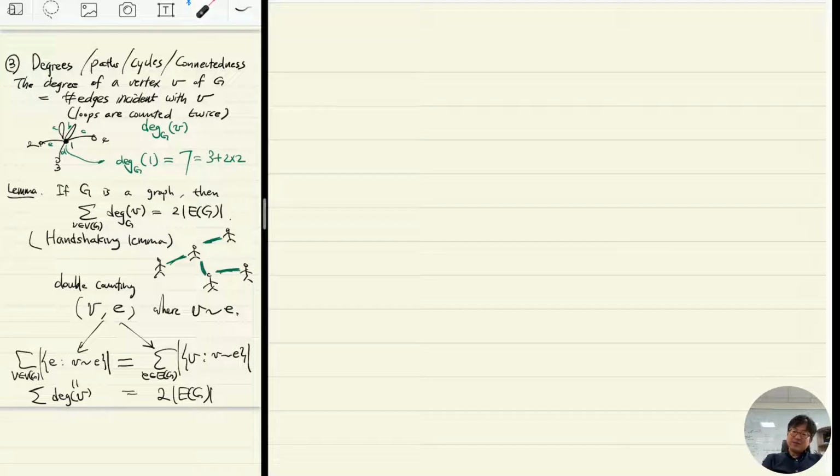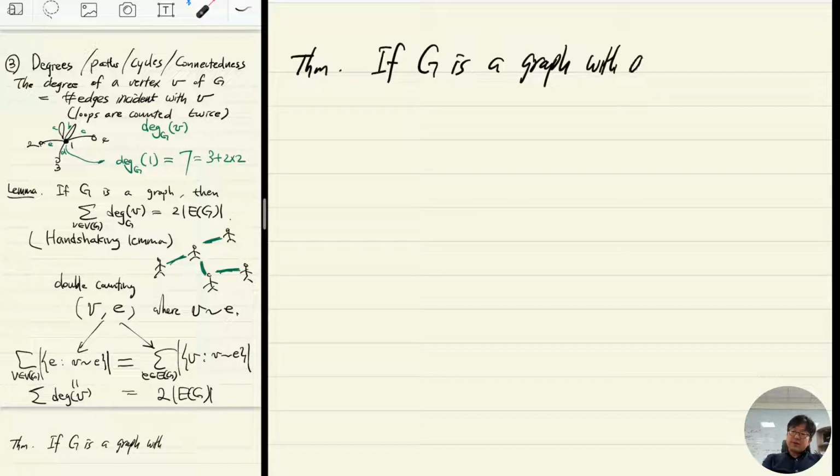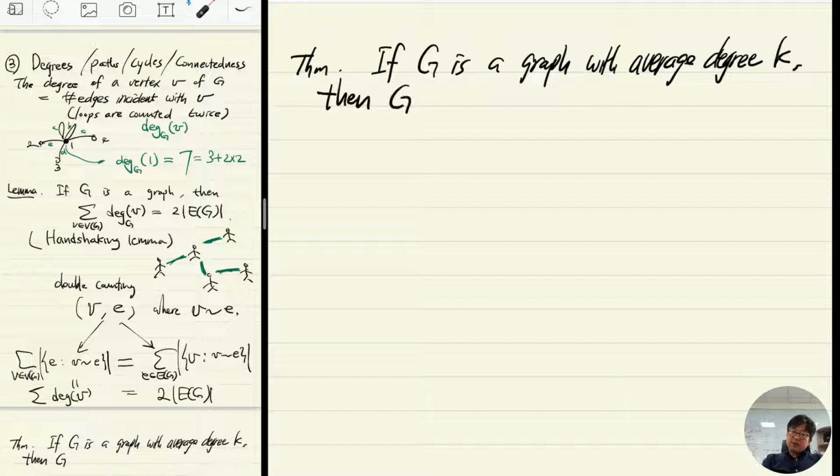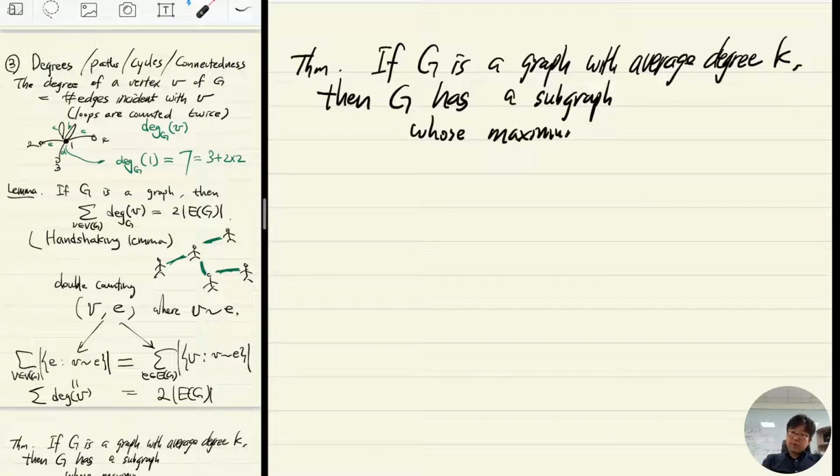Now here's the first theorem that we may see in this class, right? If G is a graph with average degree k, then G has a subgraph whose maximum degree is at least k over 2.